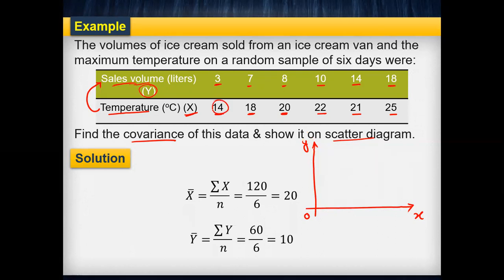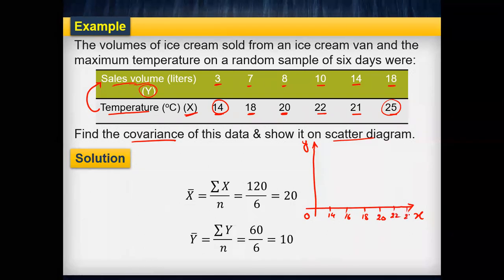The minimum temperature is 14 and the maximum is 25, so we take the temperature accordingly: 14, 16, 18, 20, 22, 24, and here you will have 26. On the vertical axis the minimum sales are 3 and the maximum is 18, so we move 3, 6, 9, 12, 15, and here you will have 18.